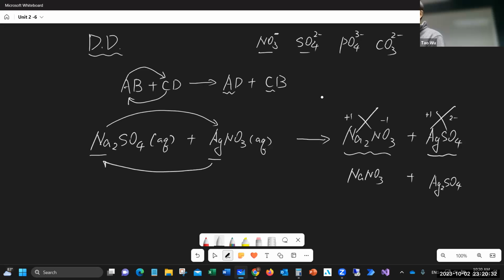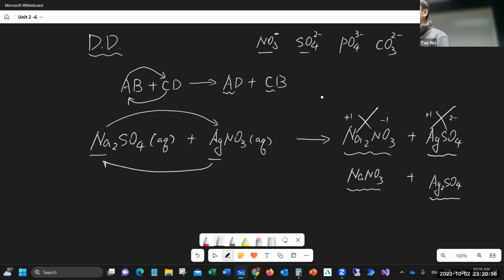Okay, so when you predict the correct product, you need to know how to write the correct formula. Then you may think, wait, if we're writing like this, it's not balanced.